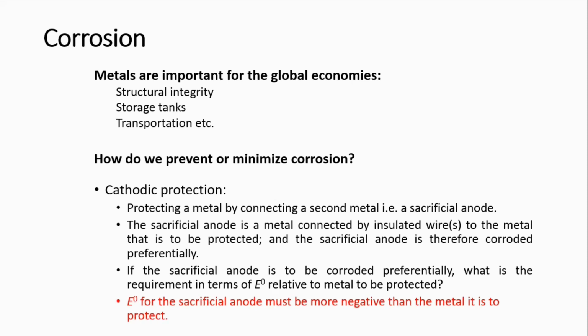Well, E0 of the sacrificial anode must be more negative than the metal that is to be protected. So if you want to protect metal A, you have to ensure that metal B has a more negative E0 value, such that in the presence of oxygen, metal B will undergo oxidation rather than your metal to be protected.